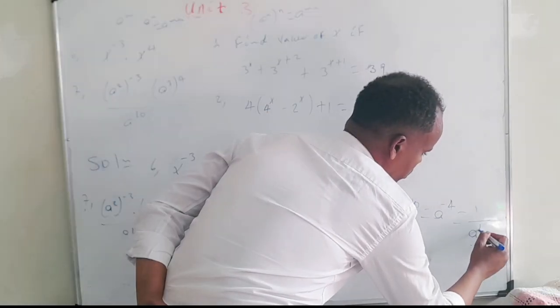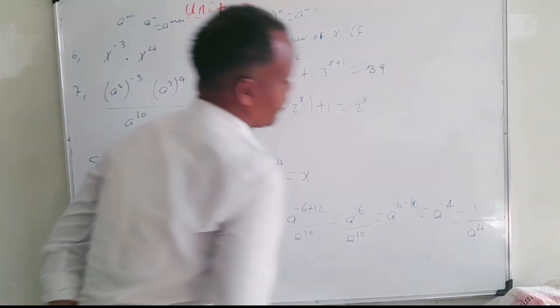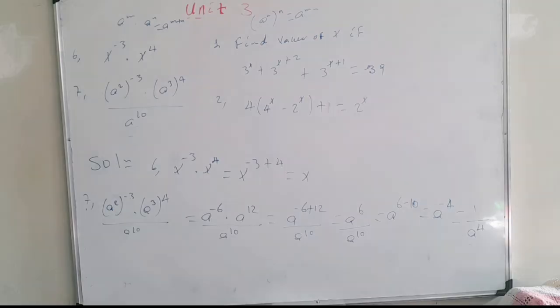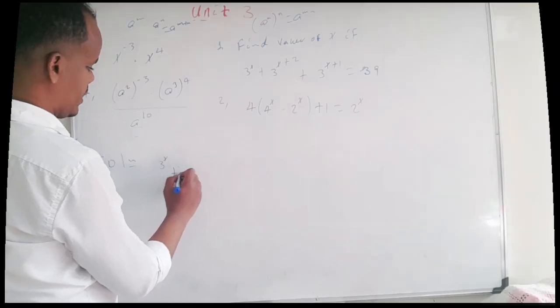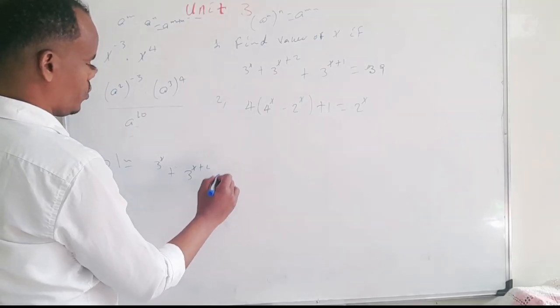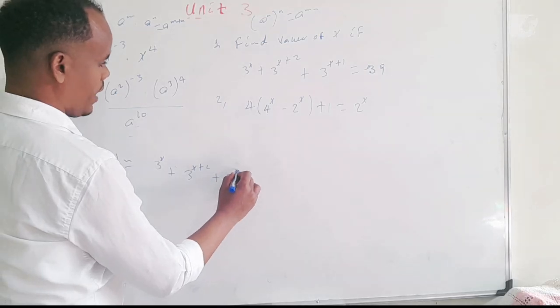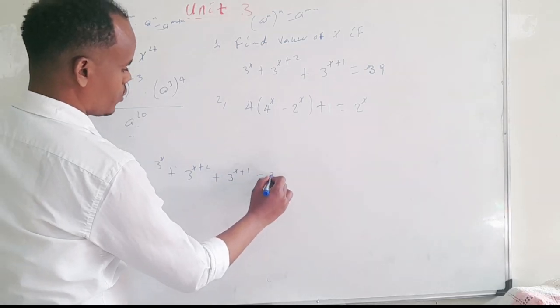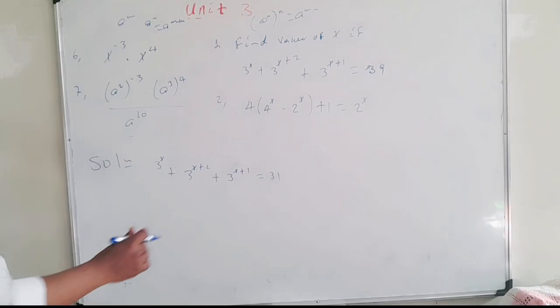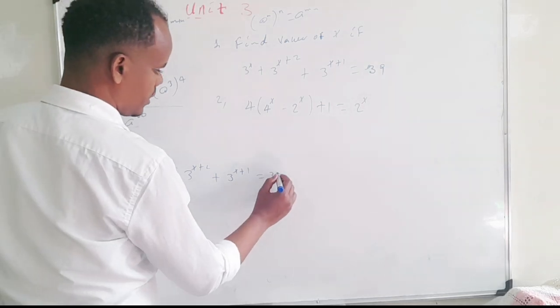Okay, so then 3 to the power of x plus 2, plus 3 to the power of x plus 1, is equal to 39.